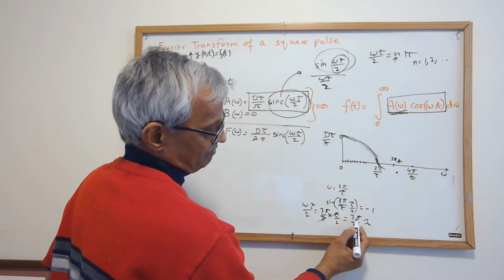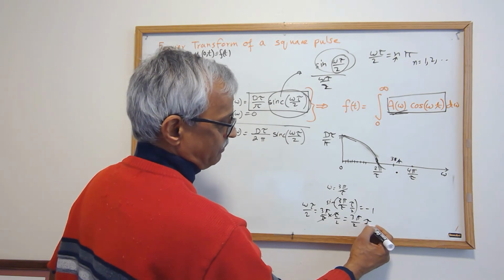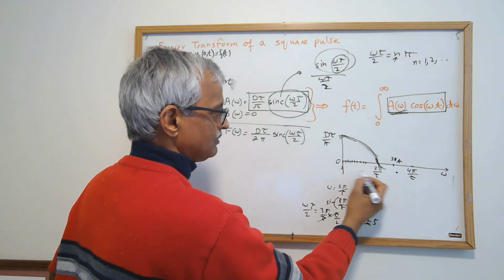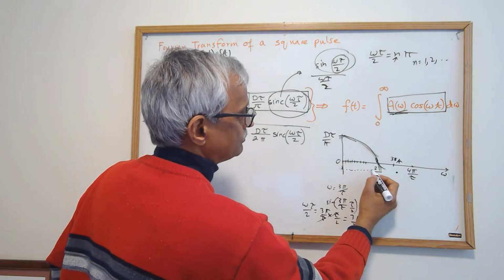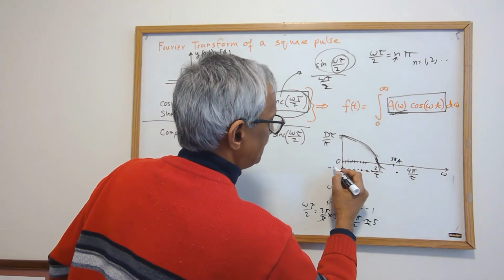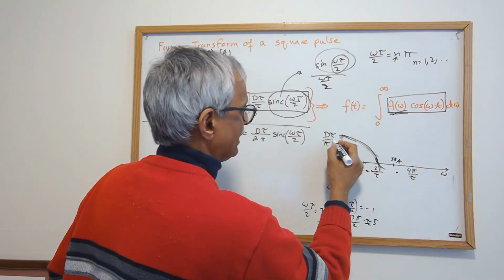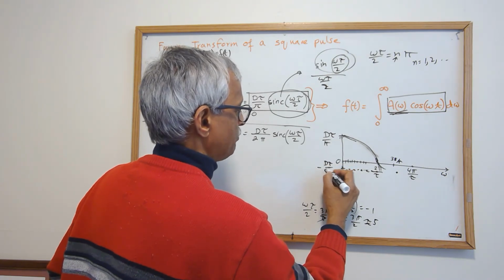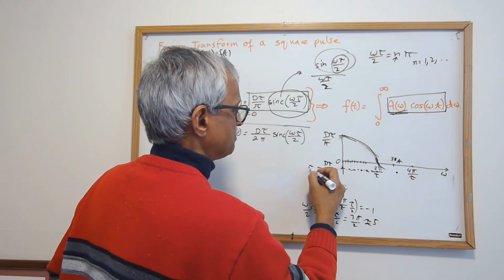This is like 10, so it's kind of like a 5. So it actually goes below, and it's -1/5 of this, minus d tau over 5 pi, approximately.